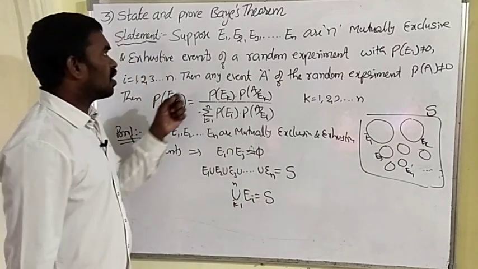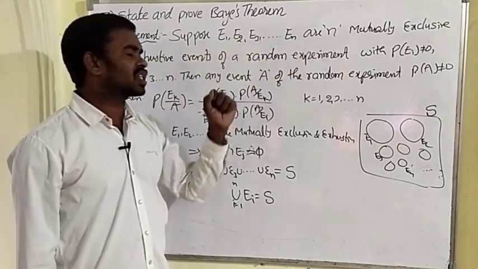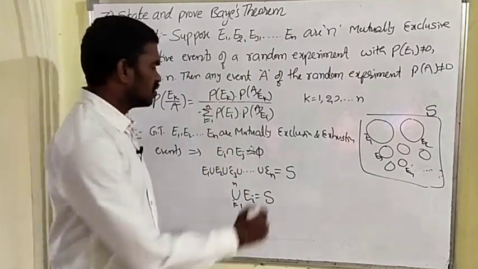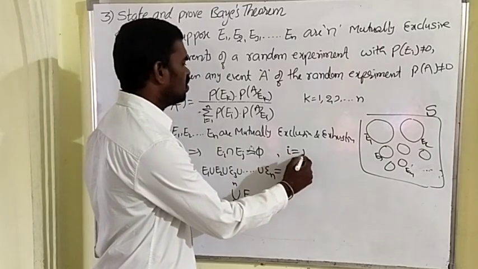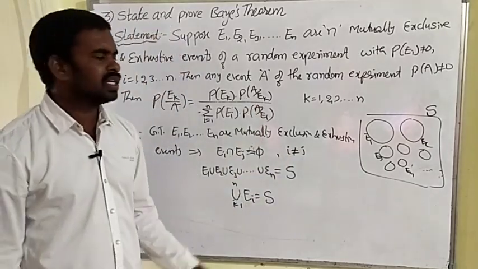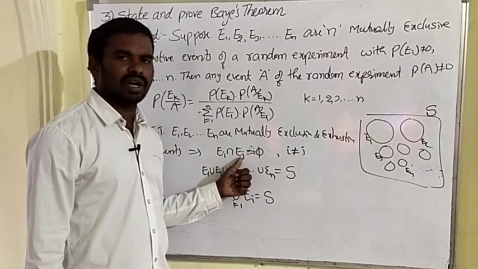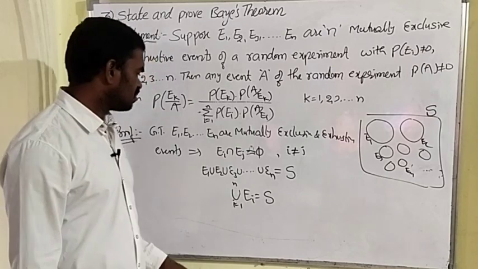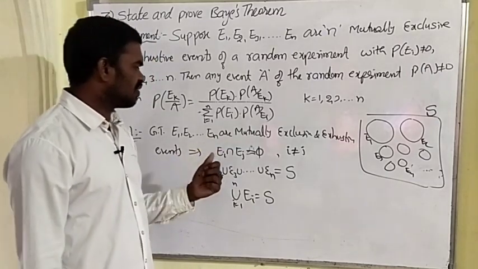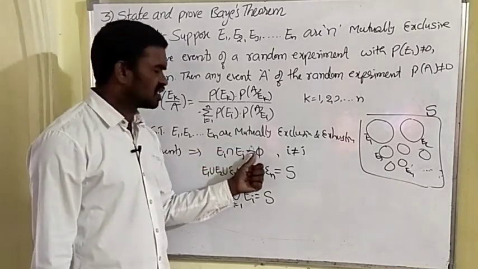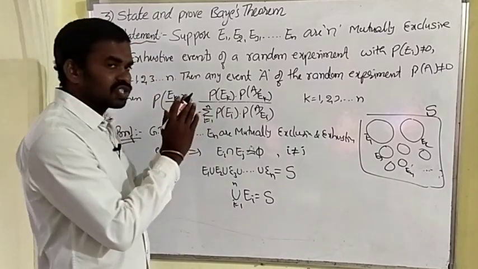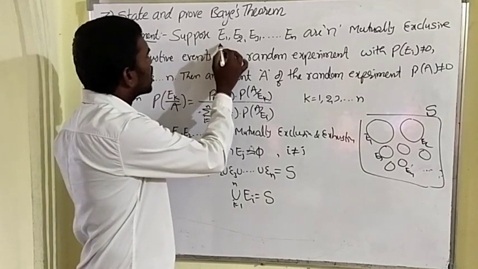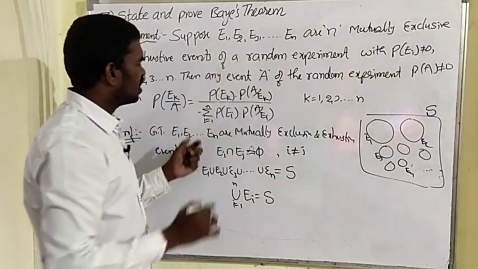Okay. So according to the mutually exclusive definition of E1, E2, up to En, we can write Ei intersection Ej is equal to empty. Here the i value and j value are different, means if you take E1, then it is not E1, it may be E2 or E3 or anything like that. First, from the Bayes definition, take the first statement: E1, E2, E3, up to En are mutually exclusive.